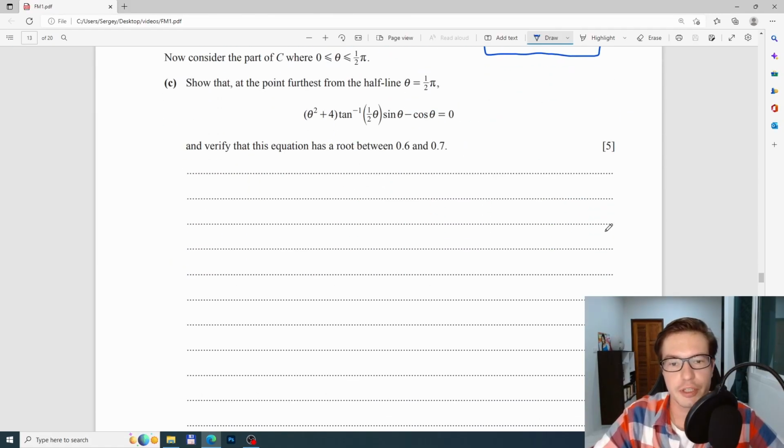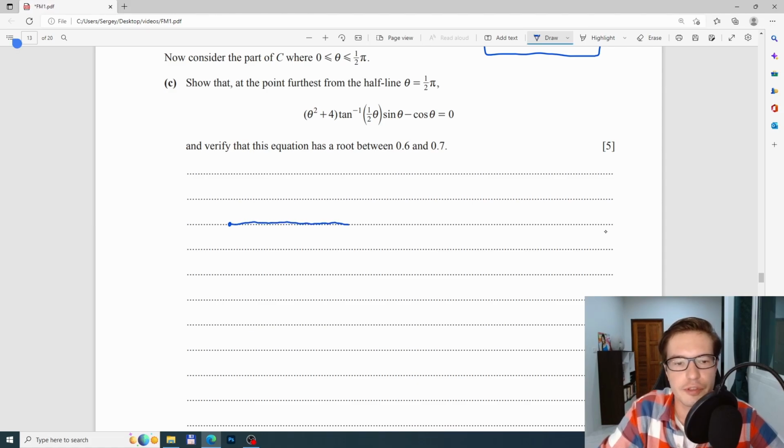Okay, next question. Again, we'll have to use the sketch. Let's quickly do that. That's the pole. That's how the curve roughly looks. And now we're talking about the half line theta equals pi over 2, which is a vertical line.